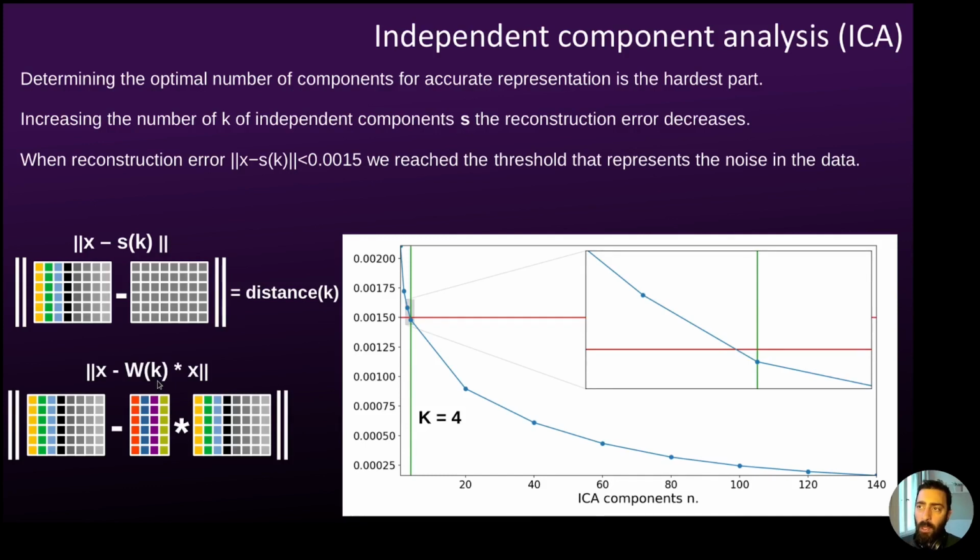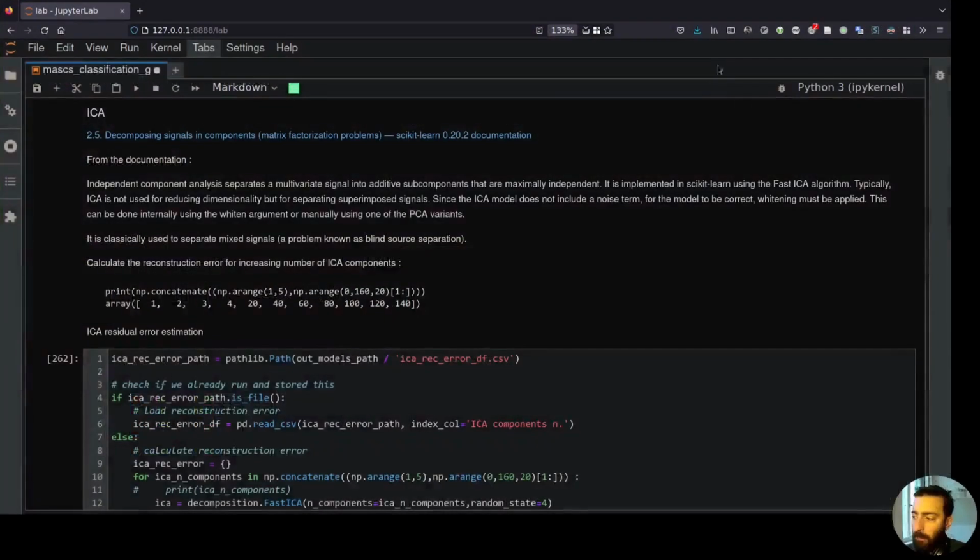When you go below some threshold that defines, in this case, the noise level in your data, you are sure that you have stopped describing significant features and started describing noise. So you have here a graphical representation and a matrix representation of this difference. And actually we can produce this plot, just going back to our notebook.